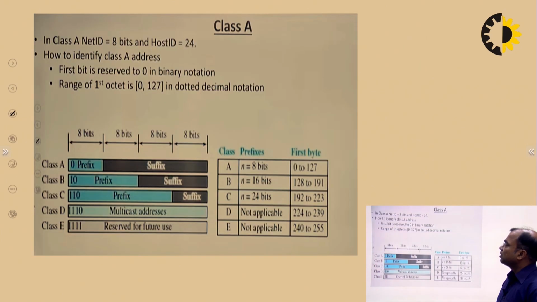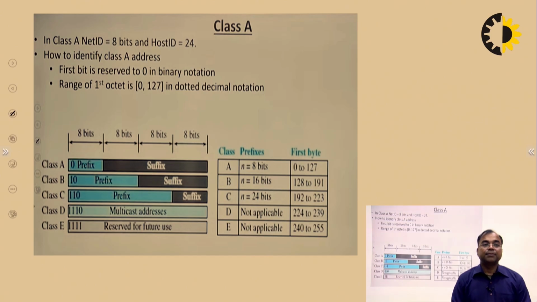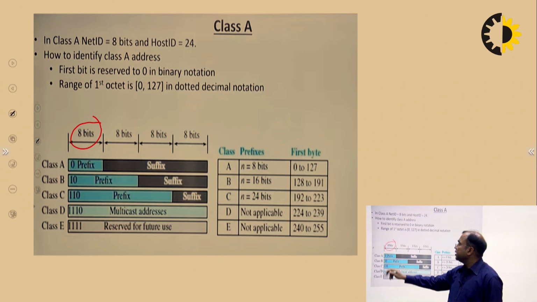Likewise, now come to class A. First, we are concerned with class A. As we know, if we talk about class A, its range must start from 0 to 127. And if we are concerned with the network ID, in class A we see here it is an 8-bit network ID and 24-bit host ID.